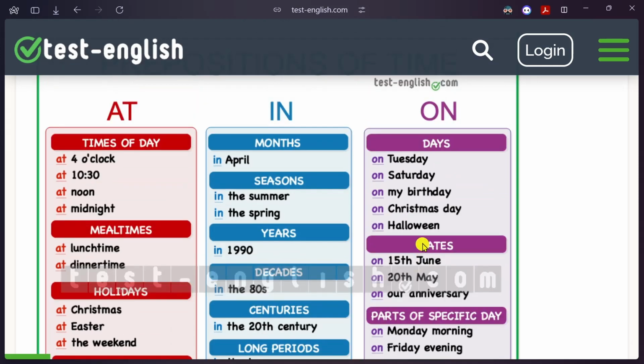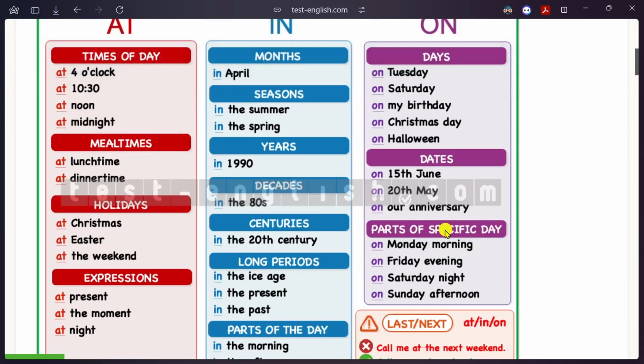So, if you're talking about days, Tuesday, Saturday, Monday. Halloween is not a day, but we say on Halloween. You see, it makes no sense, okay? Who made English? I don't know. If you find that person, I want to talk to him. Holidays, normally you use at, right? But Halloween is like a holiday, right? But we say on, just to be difficult.